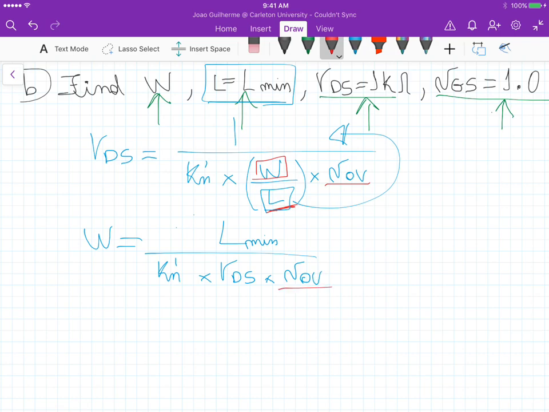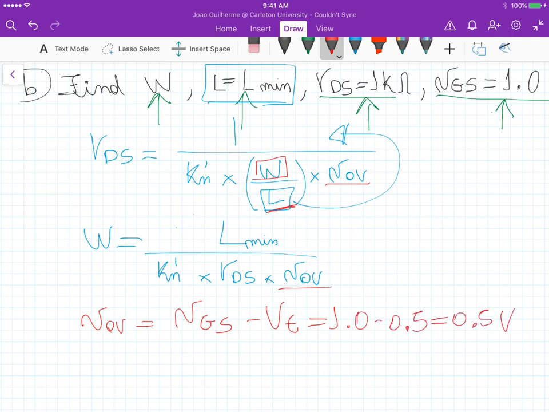Now the overdrive voltage is equal to the gate source voltage minus the threshold voltage. This gives us 1 minus 0.5, that's 0.5 volts.